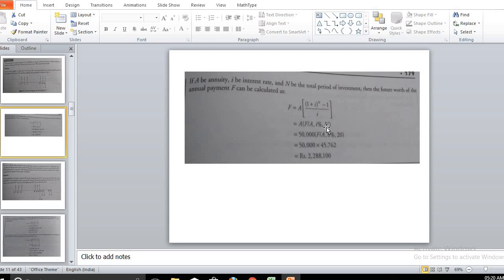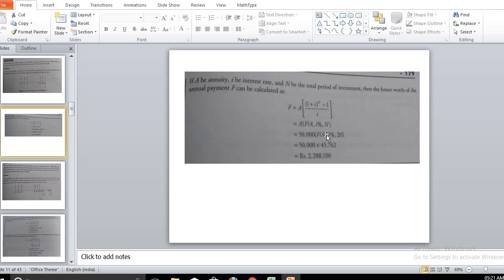So this EF is equal to A times ((1+I)^n - 1) divided by I. These formulas are slightly modified for these cases. You can simplify this, or write it as A multiplied by (F/A, I, n), where A is the annuity of 50,000.